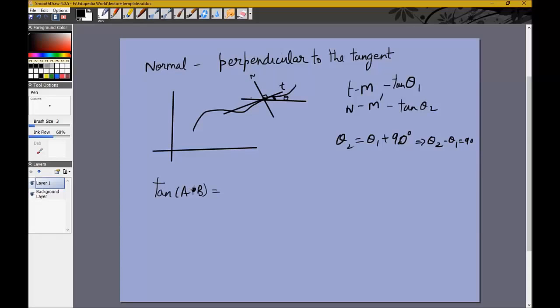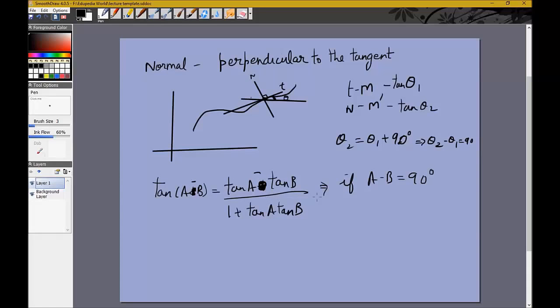In this case we need tan of a minus b, and that is tan a minus tan b by 1 plus tan a tan b. This is the formula for tan of a minus b. If the difference a minus b, or theta 2 minus theta 1, is 90 degrees, that means this term is infinity.